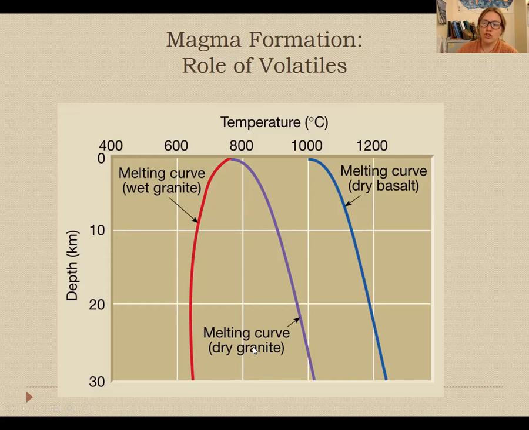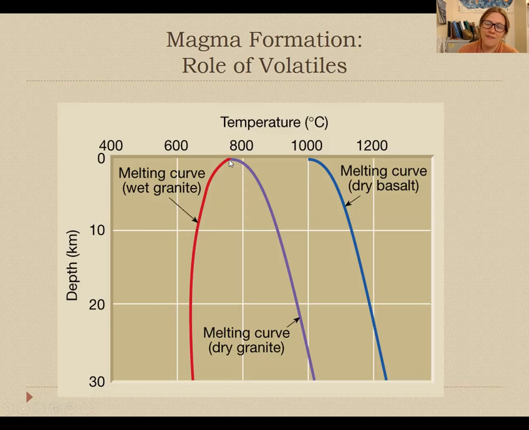If it was dry, so not containing these volatiles from a subducting plate, its melting point would actually change with depth, because we said under different pressures, your melting point is actually going to change. But dry granite would have a melting point in between 800 degrees Celsius and then up to over 1,000 degrees Celsius at depth. Whereas when the granite contains volatiles, it actually drops.